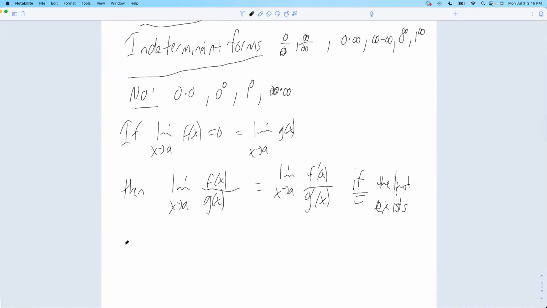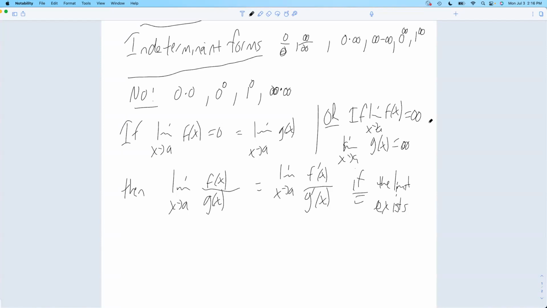Okay. So similarly here, I can still use L'Hopital if both the top and bottom limits are infinity. And remember, this is not a true limit. This is an abusive notation saying that a limit equals infinity. Limit's a number.